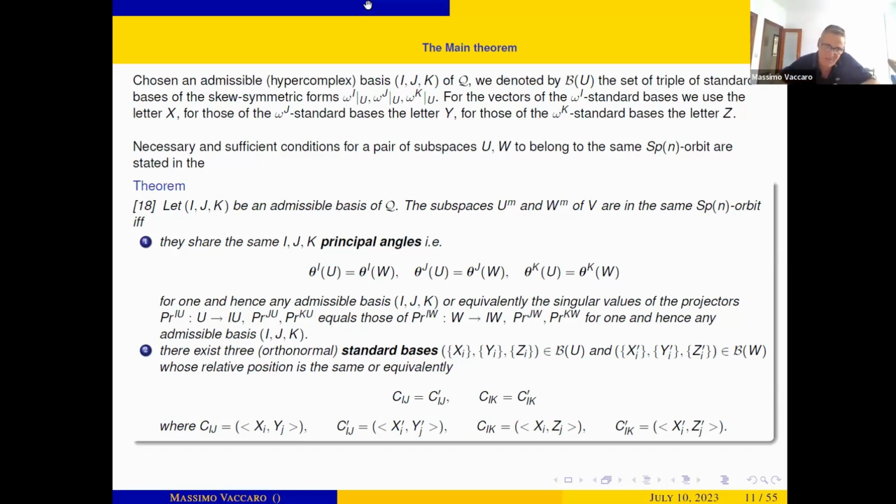So I have to find that in U and in W there are two changes of basis, two orthogonal matrices, from the standard basis of omega_I to the standard basis of omega_J, and the same from the standard basis of omega_I to the standard basis of omega_K, which are the same in U and in W. It's a bit simpler than before, but it is still impossible to find the solution in this case.